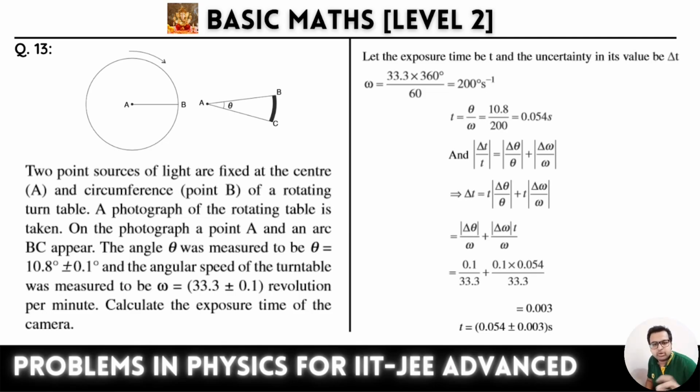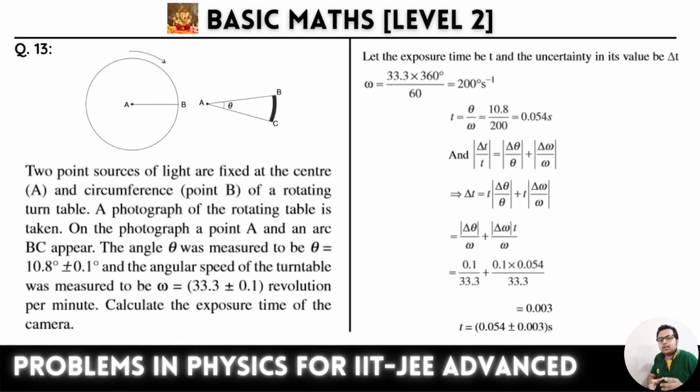From a deep observation, you can conclude that when you click the picture, whatever arc is getting drawn, the time taken to draw the arc is our exposure time. So the time taken to cover that distance is the exposure time.